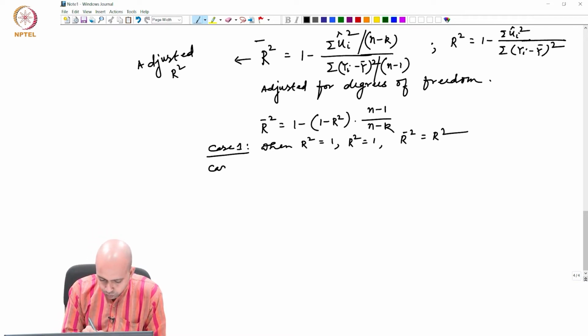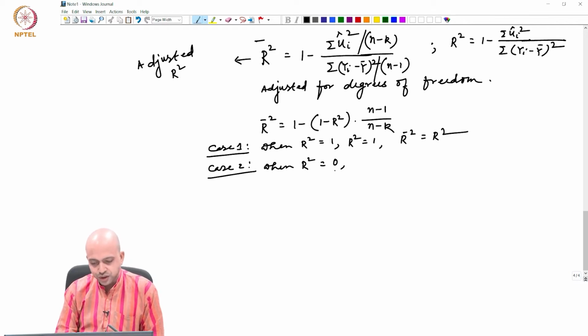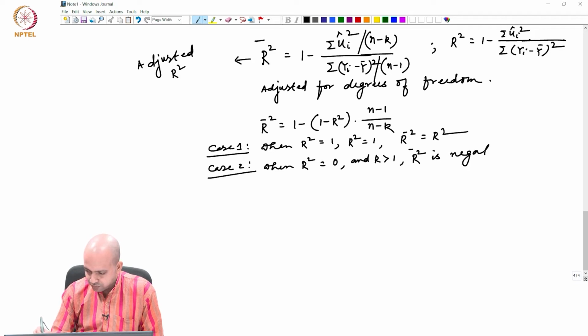Case 2, when r square equals 0, then what will happen? And k is also greater than 1, we can say that r bar square is actually negative.